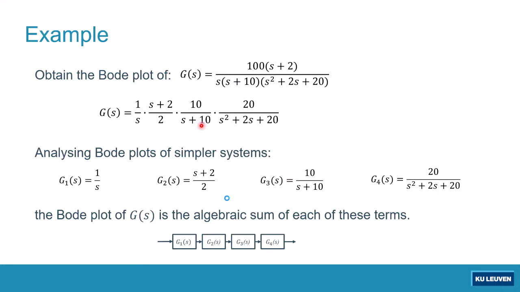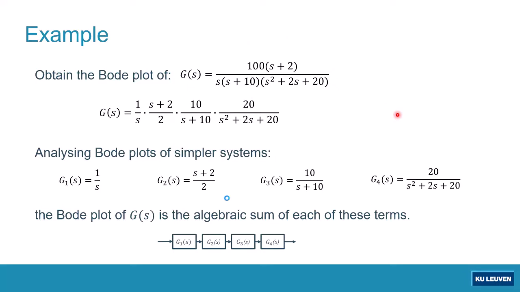If somehow we know both plots of these individual simpler systems, in order to find both plots of this G(s), what we have to do is just sum them all. Okay, let's take a look step by step at how we will construct both plots of G(s).